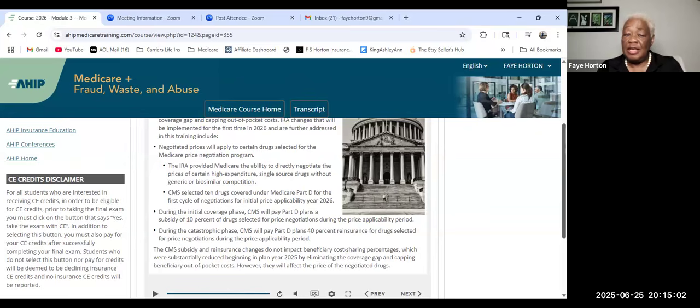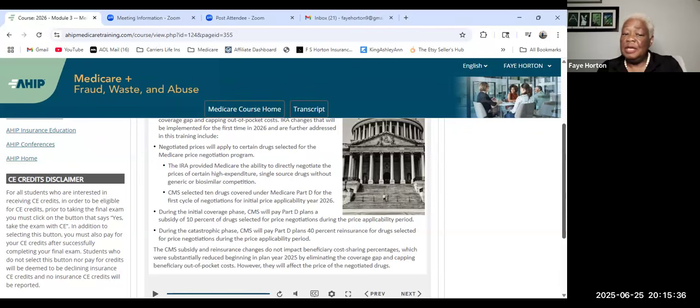During the initial coverage phase, CMS will pay Part D plans a subsidy of 10% of drugs selected for price negotiations during the price applicability period. During the catastrophic phase, CMS will pay Part D plans 40% reinsurance for drugs selected for price negotiations during the price applicability period.